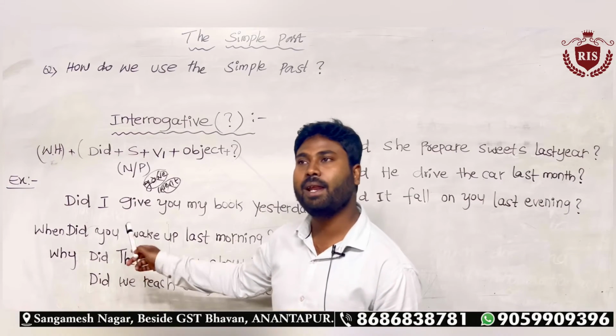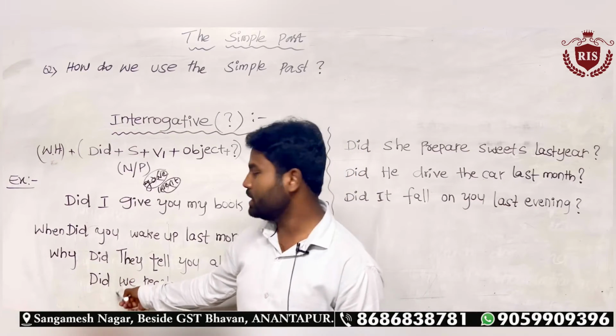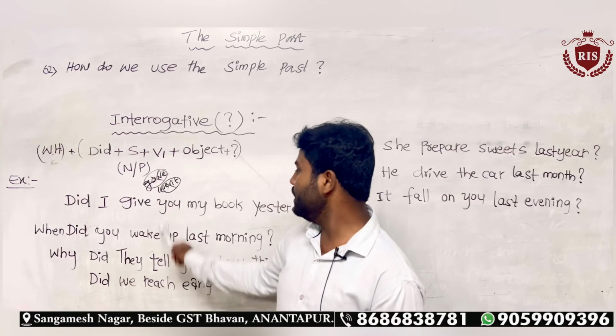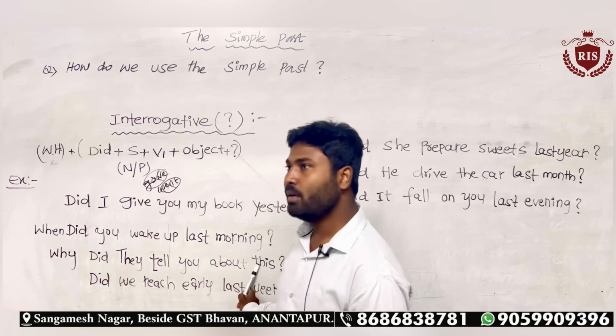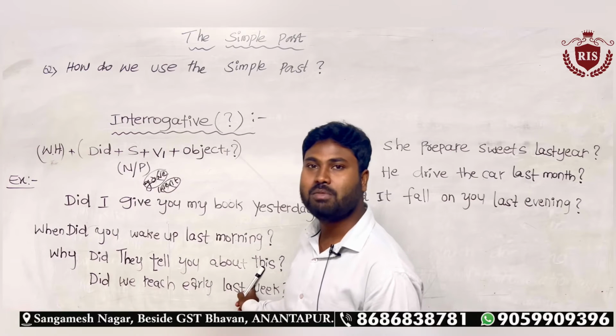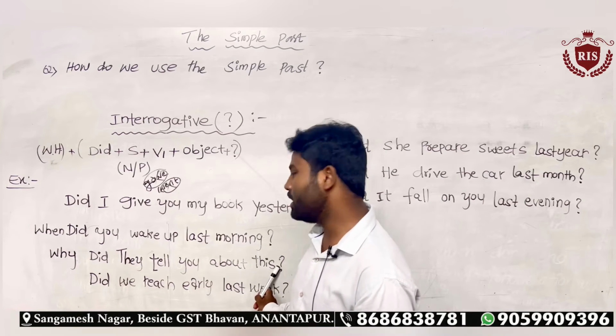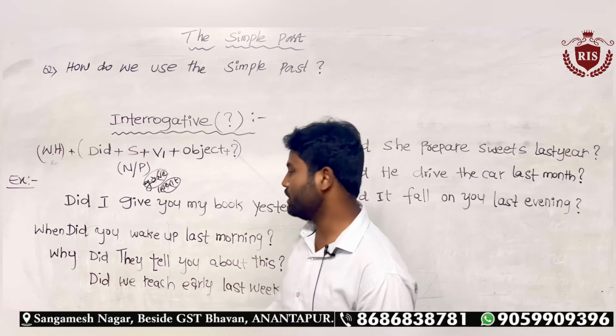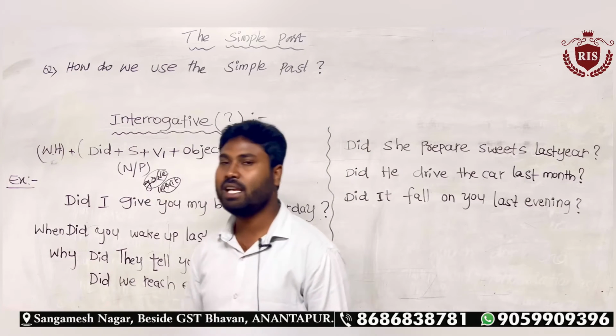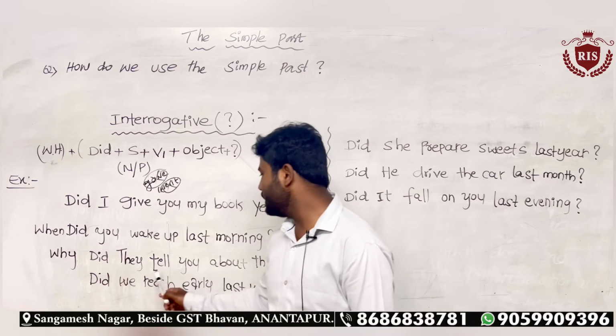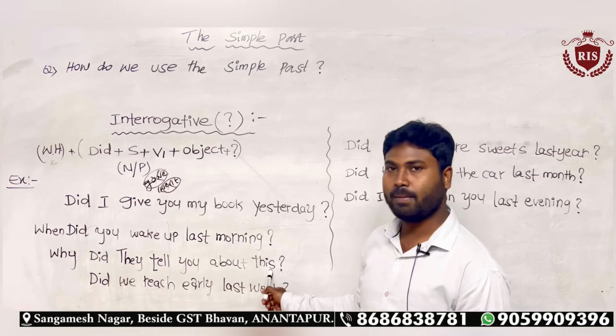Here we have taken the pronoun they as a subject, after the subject there should be V1. The object follows as usual, and it ends with the question mark. So what is the question finally? Why did they tell you about this?